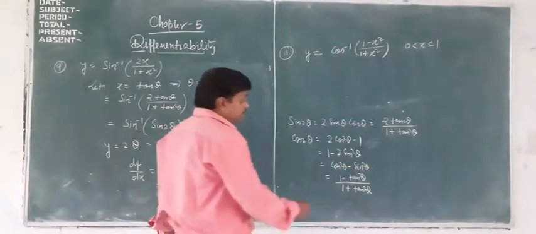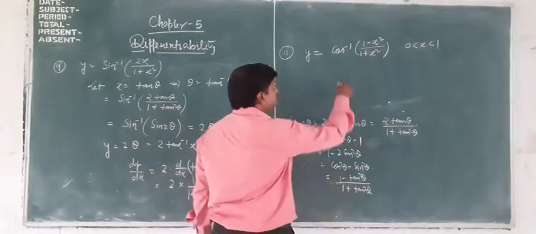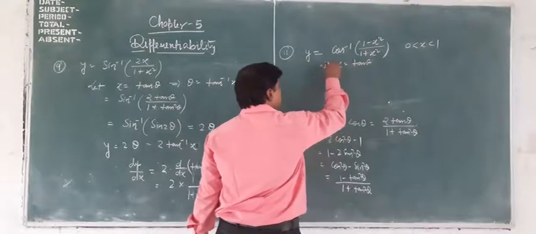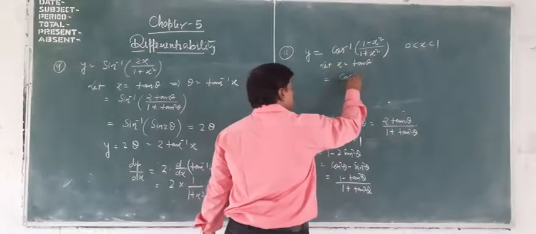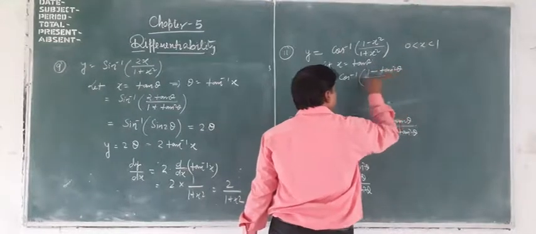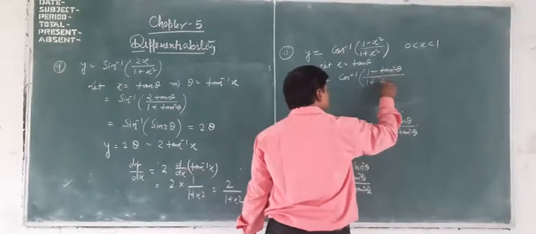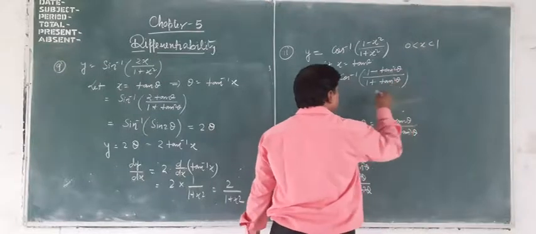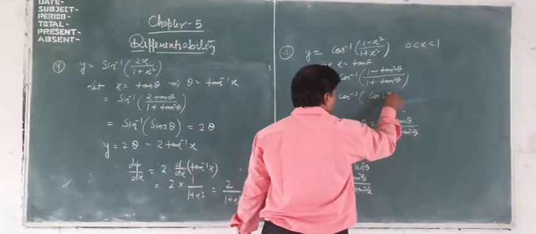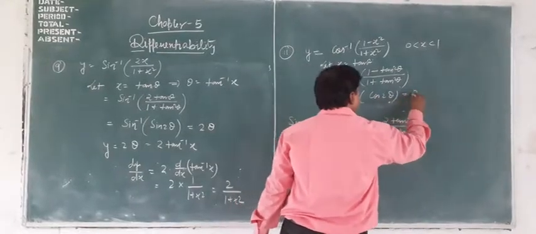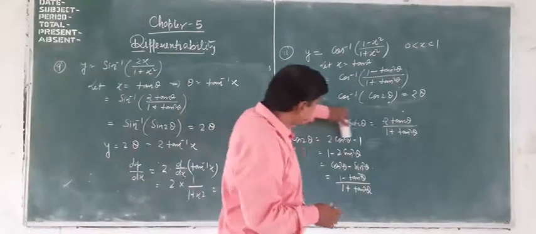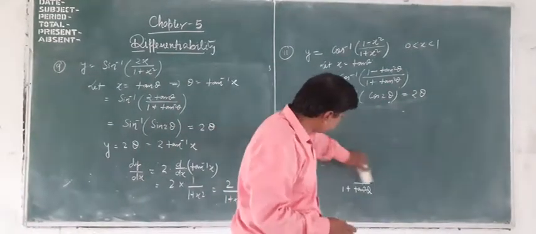Similarly, let x equal to tan theta. So this is cos inverse of (1 minus tan square theta) divided by (1 plus tan square theta), and this result is cos inverse cos 2 theta, which is equal to 2 theta, and the value of theta is tan inverse x.